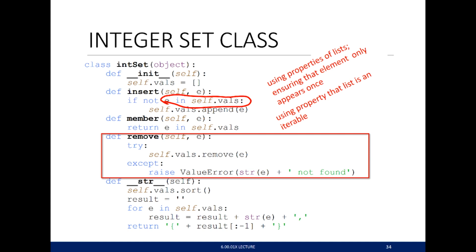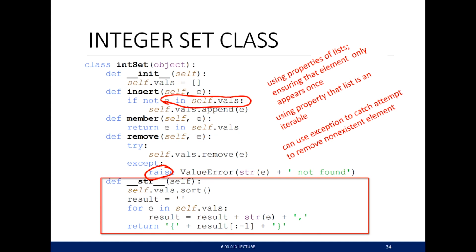If, in fact, E was not in the list, it's going to raise an error. And the exception then is going to come down to here, and I'm going to raise my own particular error to say that particular element was not found. I'm going to override the underlying value error exception method. And finally, I'm going to use string to define how I want to print out the elements of a set.